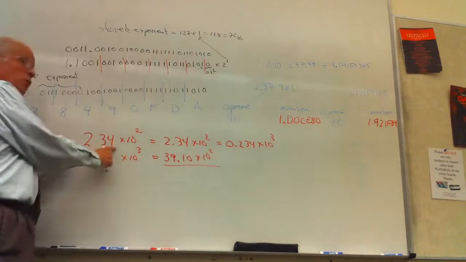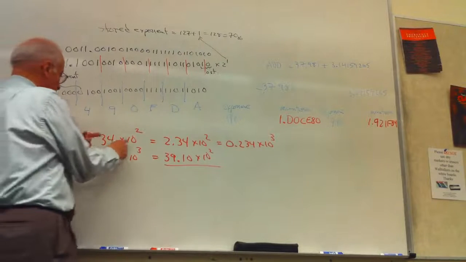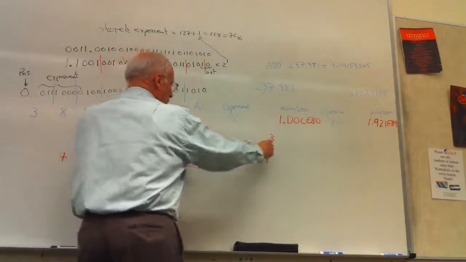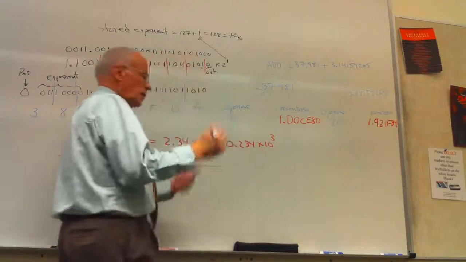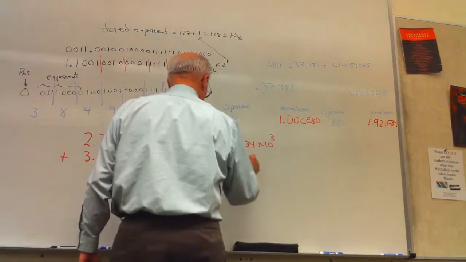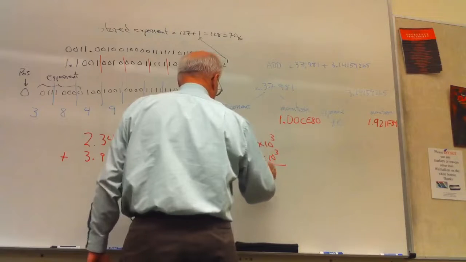In either case, the number is 234, see? If I move it 2 places to the right, gives me that. Here, if I move 3 places to the right, I've still got it. And then 3.91 times 10 to the third. Now I can add them.